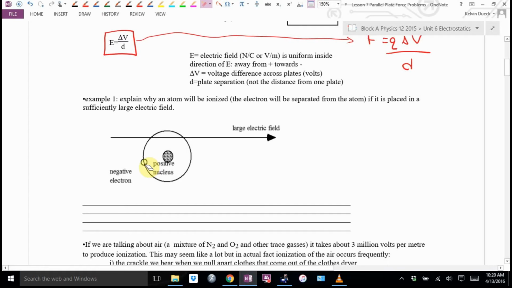So here's an electron. What are the forces acting on it? Well, it's attracted to the positive nucleus, and that's what's holding it in the atom.